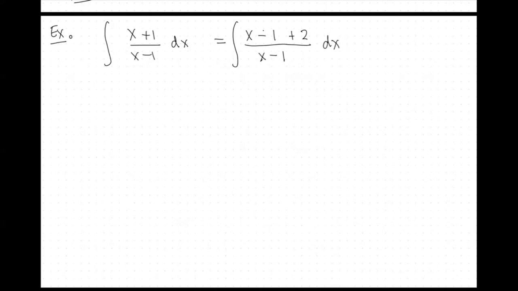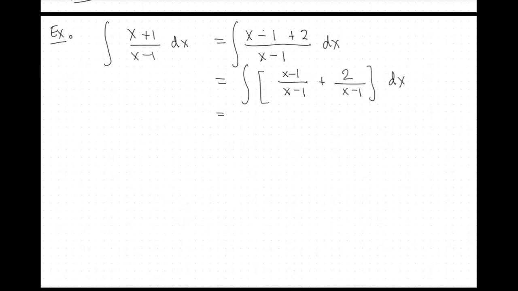Any questions so far? So the next step is to break it into two integrals. So two components: x minus 1 plus 2 over x minus 1, dx.